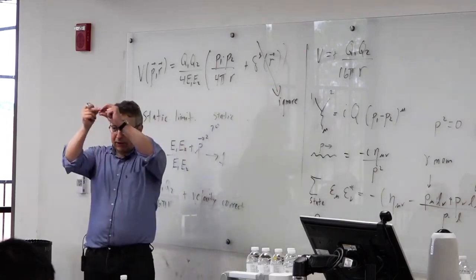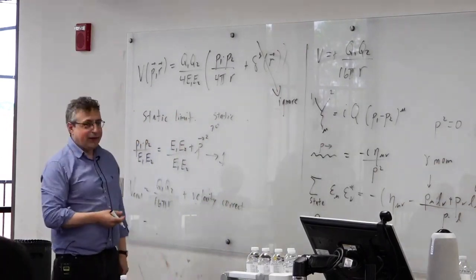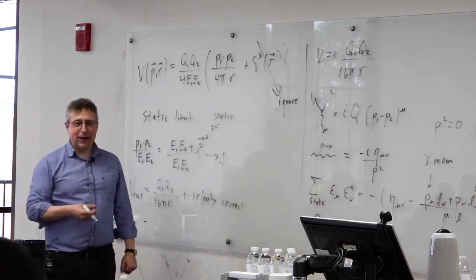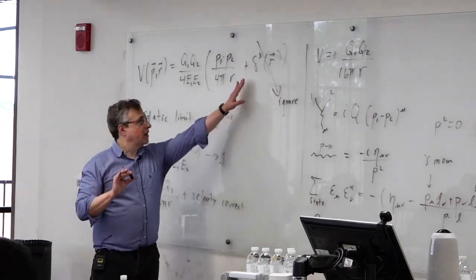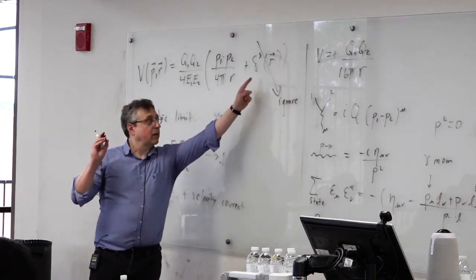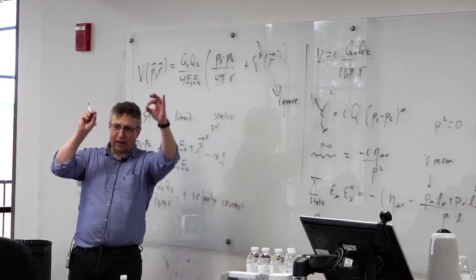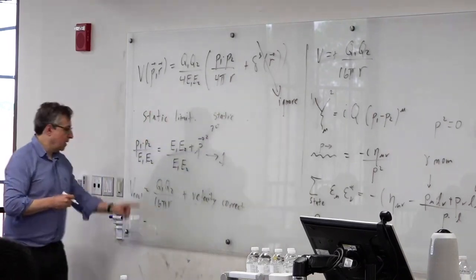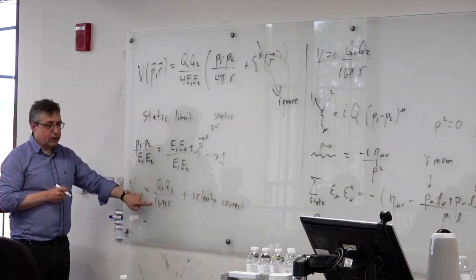The delta function only counts if you're actually touching. These are points, they're obviously never going to touch, so forget about that. Remember separation of scales. Our problem is two point charges separated. So this is the relativistic correction to this.